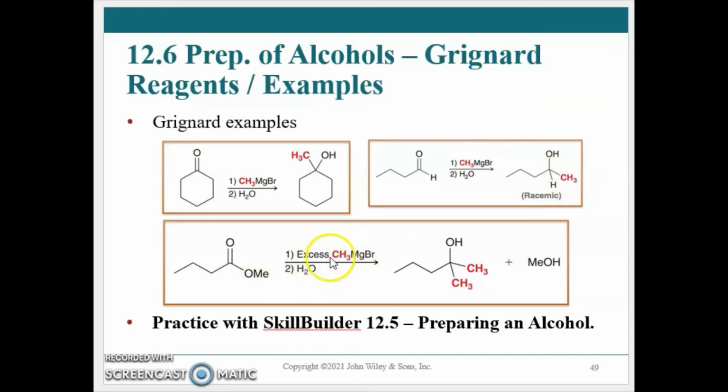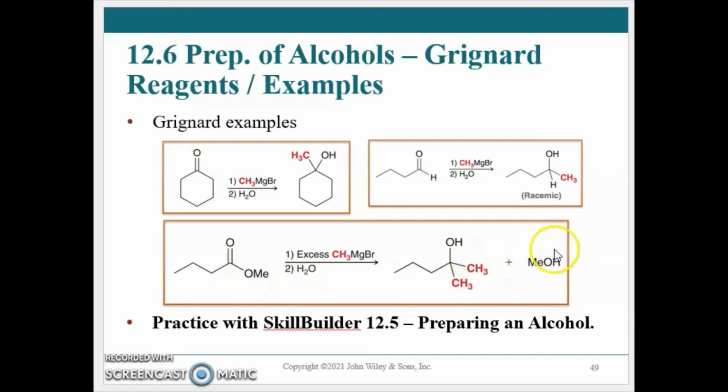In this case, we have an excess of methyl magnesium bromide, and we're adding to an ester, and we form the dimethyl analog of that alcohol. And this is going to be analogous to what we saw with the lithium aluminum hydride reaction, that the first equivalent of the Grignard reagent is going to kick off the alkoxy group here to form an alcohol.